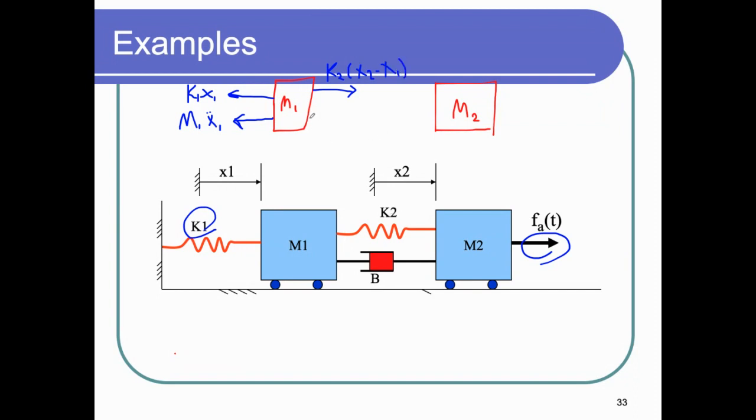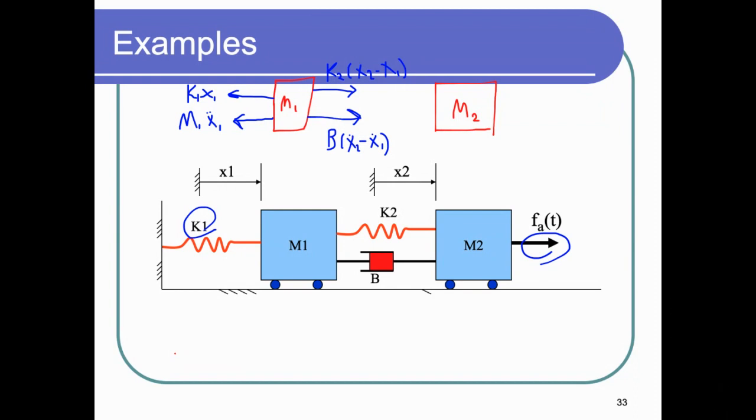We have another force from the dashpot, which is B times (x2 dot minus x1 dot). Is that clear for mass 1? Any questions about that?